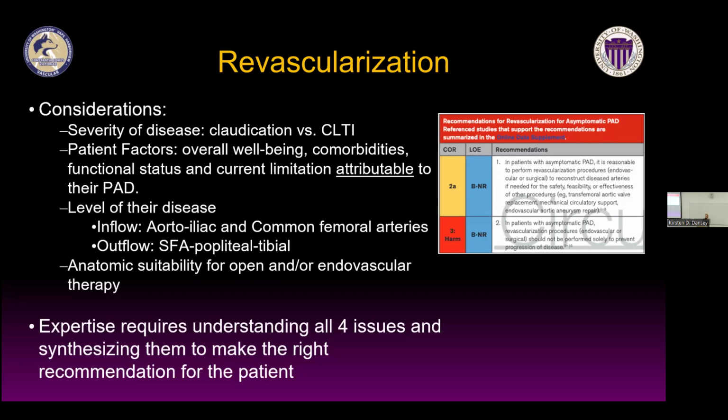Also, their level of disease is a huge component. What can you realistically expect from the revascularization? And looking at their anatomic suitability for open or endovascular therapy. I strongly believe that expertise in all 4 of these issues, really understanding them to make the right recommendation for the patient, you have to engage with the patient and have an informed consent conversation.